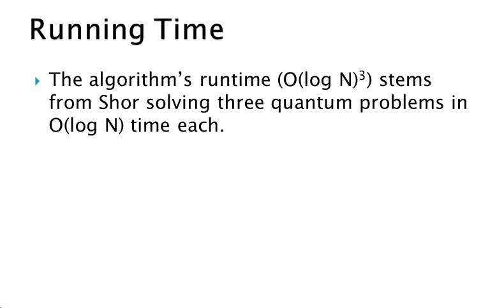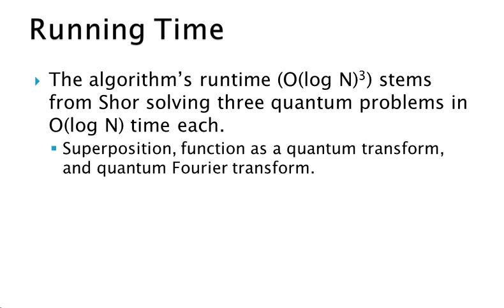What about the running time? The algorithm's running time is big O of (log n) to the power of 3. This means that when solving three quantum problems, each in a given time of big O log n, the runtime for the algorithm would be big O (log n) cubed.